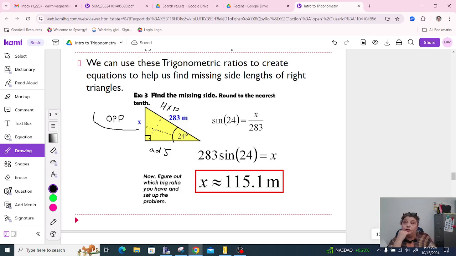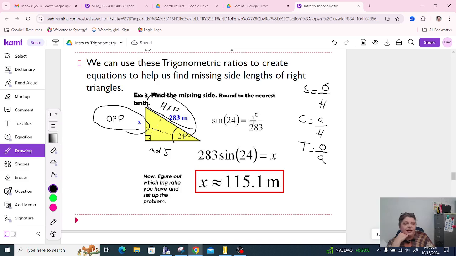You circle the side you're looking for and the information you have. Then you'll have your list, SOHCAHTOA: sine equals opposite over hypotenuse, cosine equals adjacent over hypotenuse, tangent equals opposite over adjacent. You would look and you'd say, well, which one of these uses opposite and hypotenuse? And you would look, and because we don't sin in math class, we sign in math class, you would say sine.